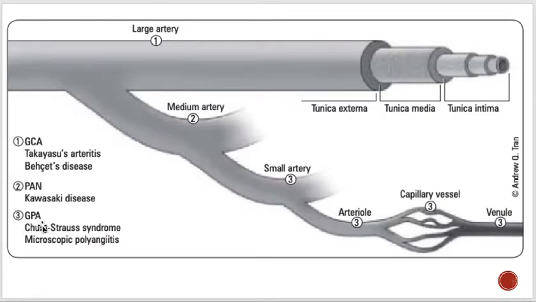Simply, there is granuloma formation and polyangiitis, inflammation of multiple vessels. Previously this condition was called Wegener's granulomatosis, but nowadays they call it GPA. And then they talk about Churg-Strauss syndrome.